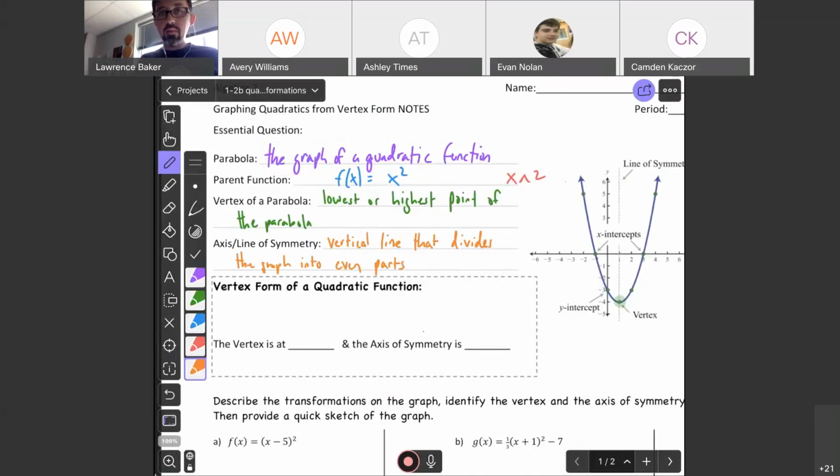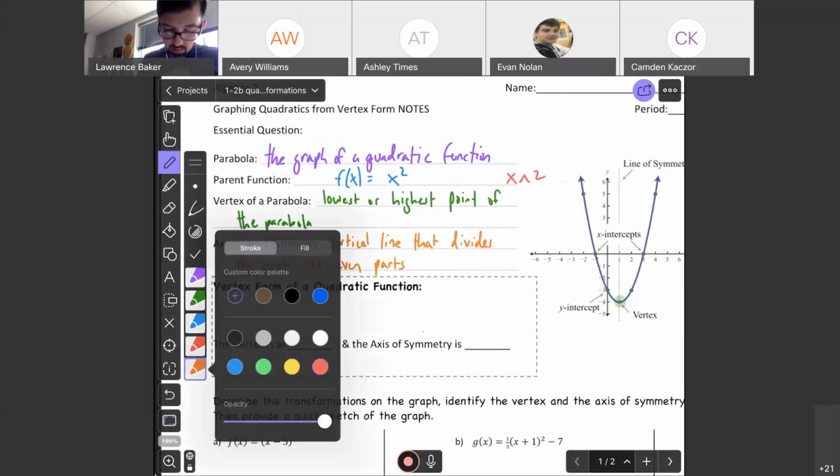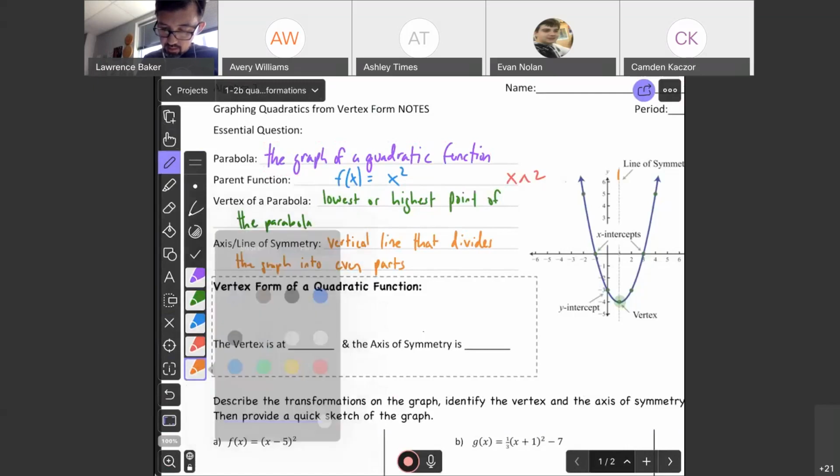But you can just see that here's our axis of symmetry, and the axis of symmetry is always a dashed line because it's not actually there. It's something that we put in. So there's not actually points there that have value. It's something that we put in to help us see things. Okay, so it's purely visual.